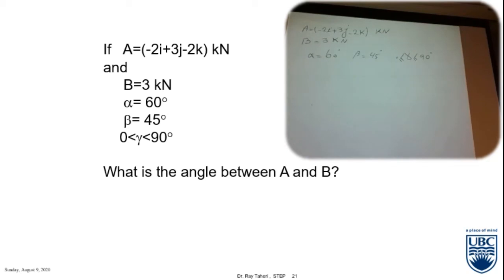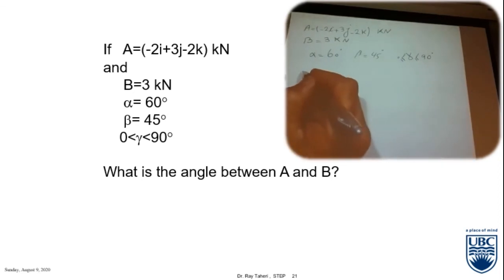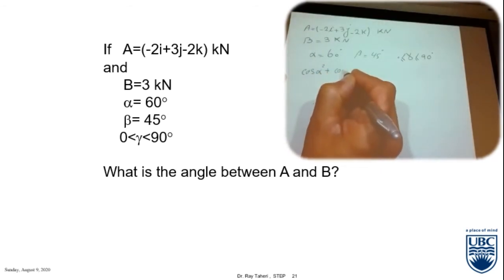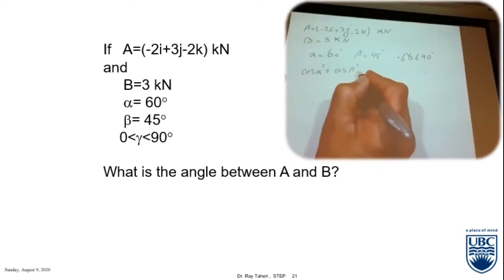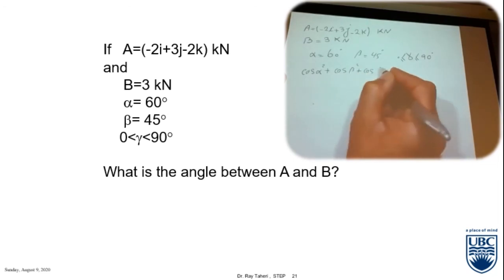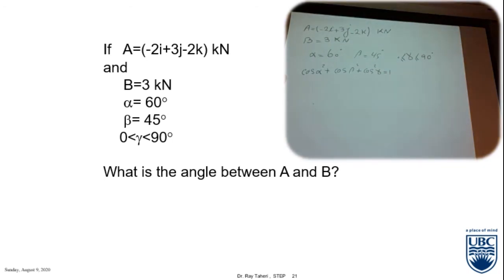Obviously, we need to define vector b. So vector b, the angle is not given. We know the formula: cosine alpha squared plus cosine beta squared plus cosine gamma squared is equal to 1, for any vector.